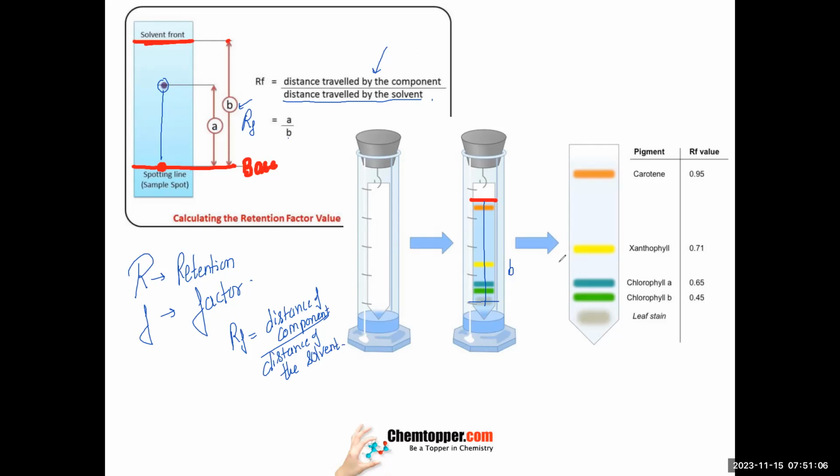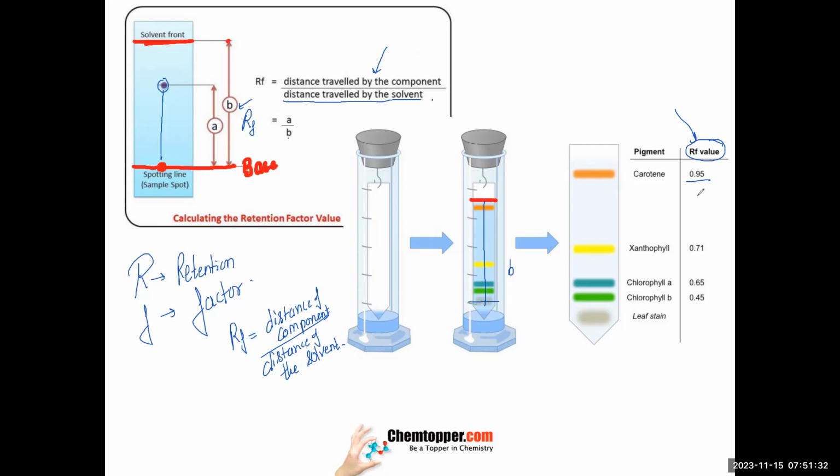And this RF value is like a fingerprint. Like we have fingerprints and we can identify the person. You can identify any component, any chemical by its RF value. If somebody says RF value is 0.95, you'll say, oh, carotene, like this. It's a fingerprint. That's why it's so important.